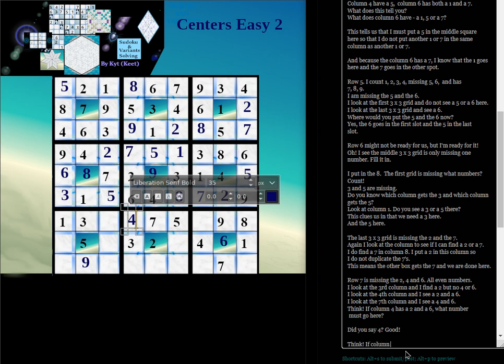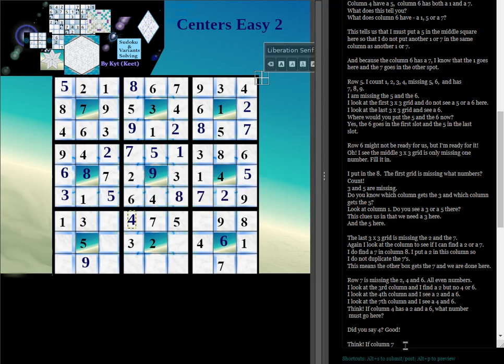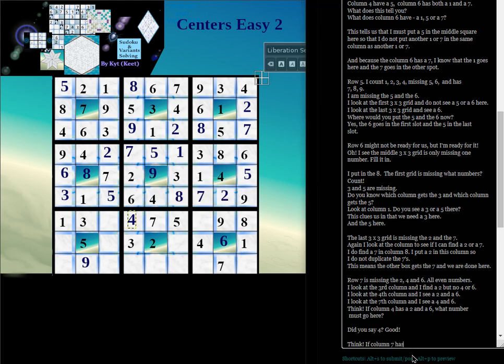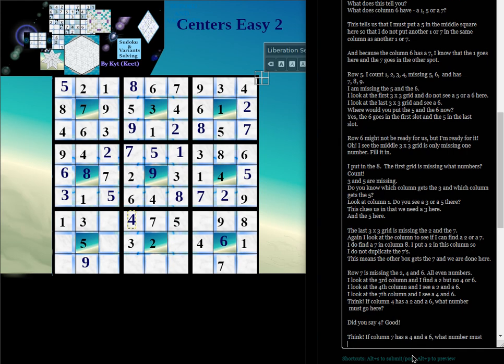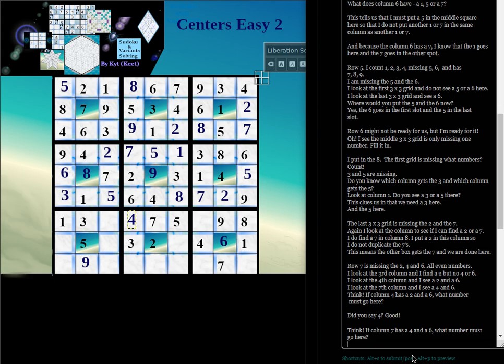If column 7 has a 4 and a 6, what number must go here? Did you say 2? Good.